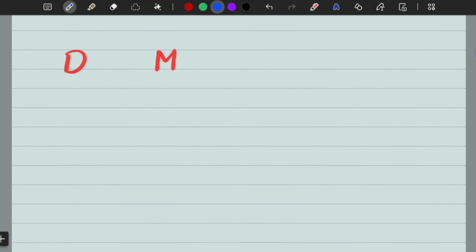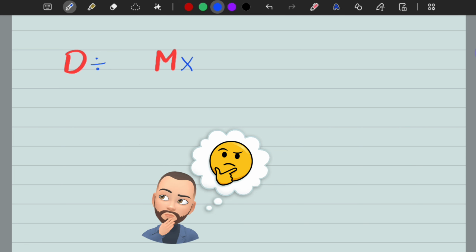Now the D is actually standing for divide and the M, you guessed it, for multiply. To help me remember this, I sometimes like to think of down and mountain.